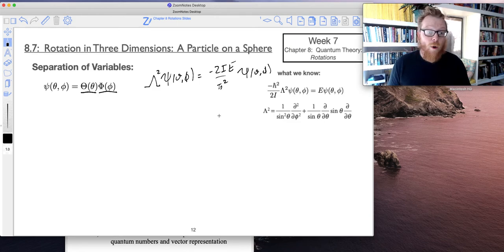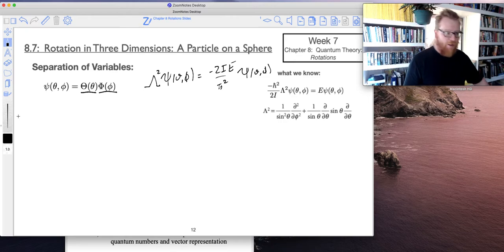And now what I'm going to do is apply the separation of variables, and I'm also going to plug in all of these terms for the Legendrian. Okay, so that's going to go as the following. I'm going to start way over here and hope that I left myself enough room. Okay, so I'm going to start with that 1 over sine squared term. 1 over sine squared of theta. And now partial derivative of phi.